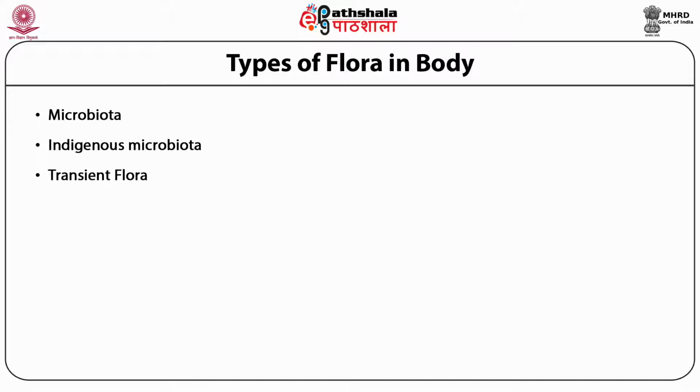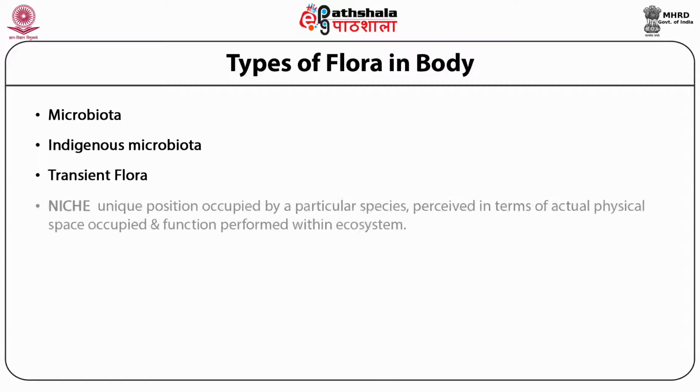But as soon as the disease condition is treated, they are removed by the indigenous microbiota from that site. The site they occupy is termed a niche. So a niche can be defined as a unique position occupied by a particular species, perceived in terms of the actual physical space occupied and the function performed within the ecosystem.